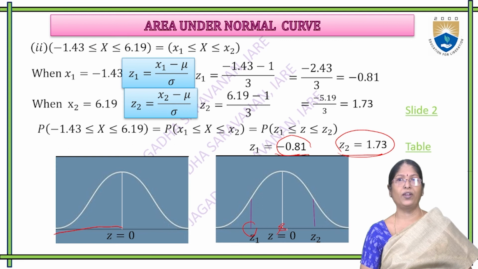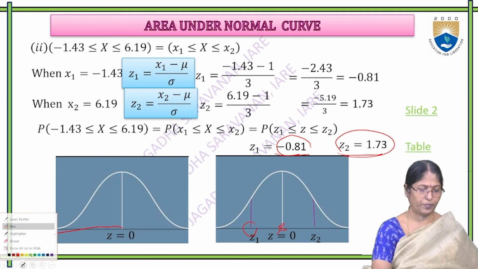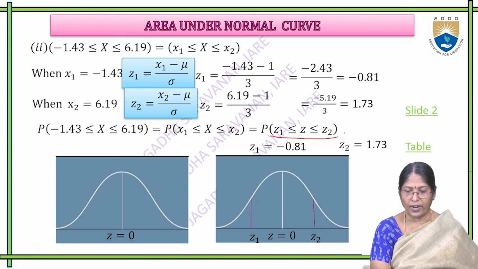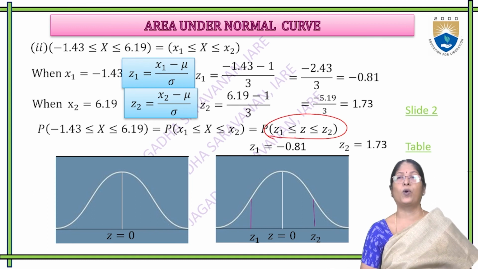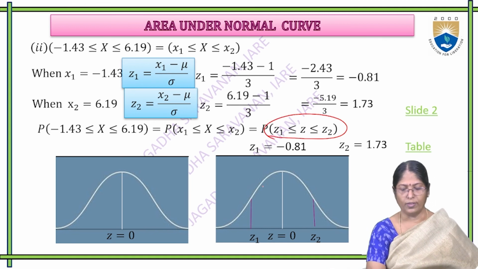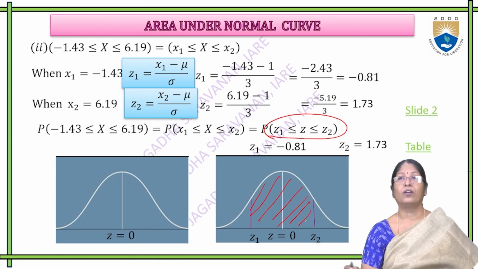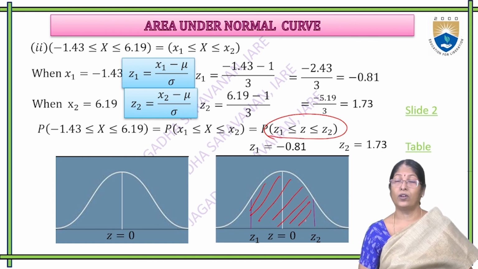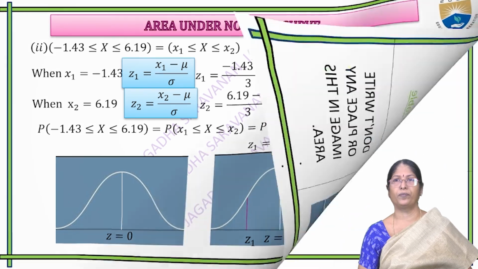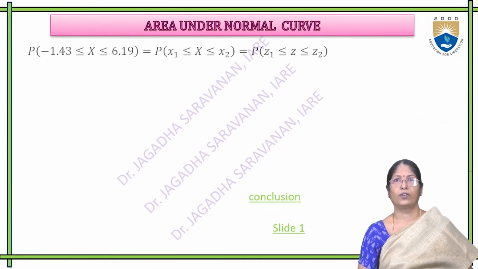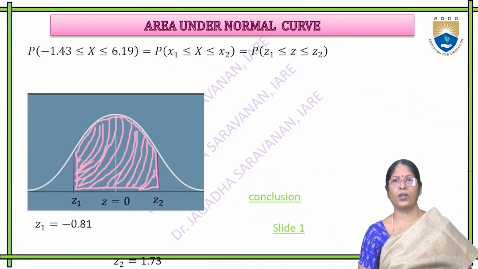Now our question is, Z lies between Z1 and Z2. This area is to be found. With the help of the normal distribution table, we can do the calculation. So we can concentrate on the diagram now.